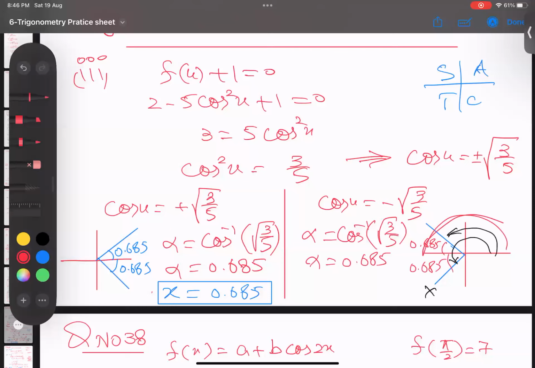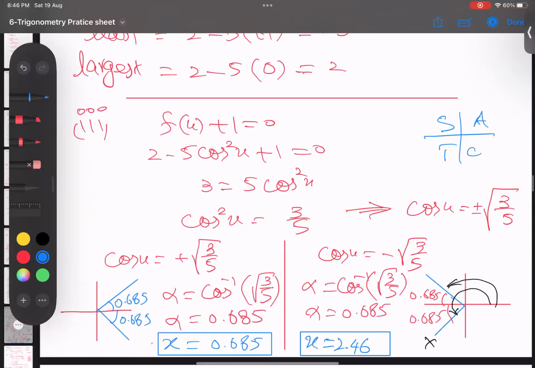And what is this? Pi minus that. So I'm writing directly answer, pi minus this. And answer is coming with me 2.446, because we always write answers to 3 SF. Alhamdulillah Rabbil Alameen. I believe the point is very, very clear.